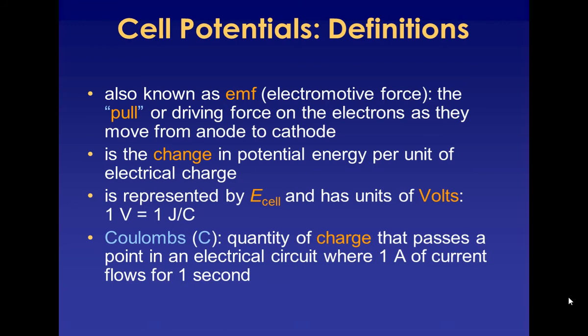That potential energy change can be represented in terms of charge, and we call that term E cell, and its units are volts, a joule per coulomb. And we can relate coulombs to current because coulombs represent the amount of charge that's going to pass through an electrical circuit when we have an ampere that has flown for 1 second.